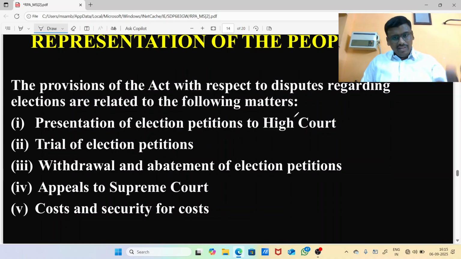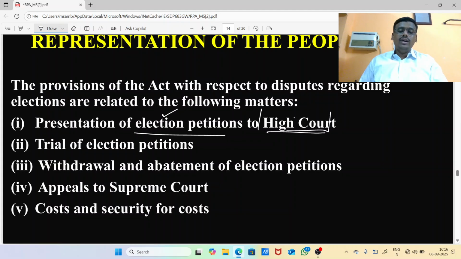Okay, if there arises a dispute, what are all the mechanisms we have to follow? So if there is a dispute, a candidate has to present an election petition to the High Court. Hence, the disputes of elections take place in High Court. Article 226.